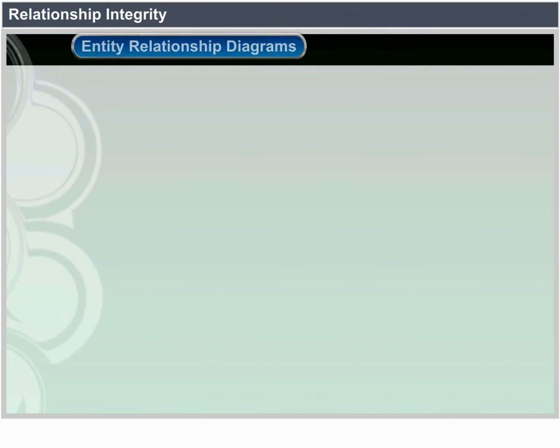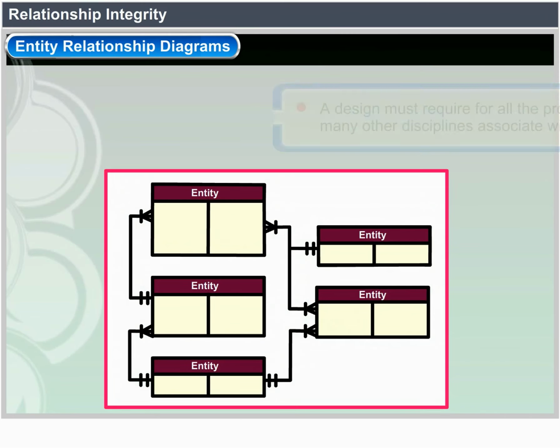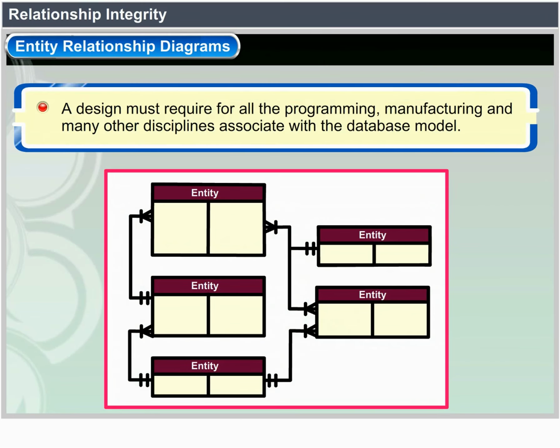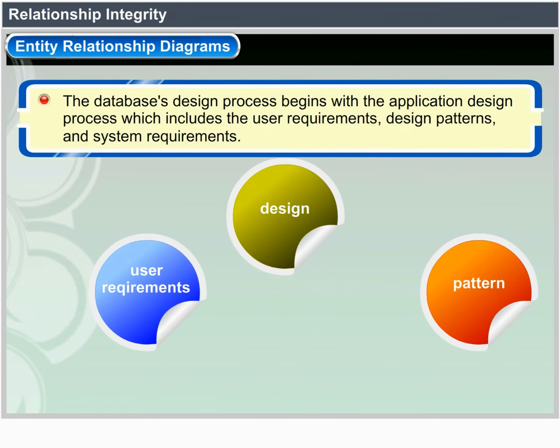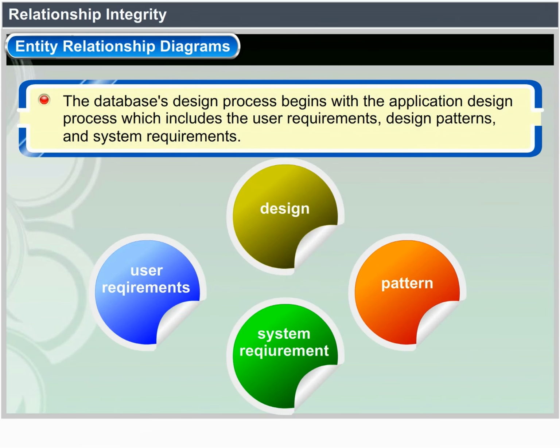Entity relationship diagrams. With databases, as with programming, manufacturing, and many other disciplines, before we build, we should design. The database's design process begins with the design process of the application as a whole, including consideration of users' requirements, design patterns, and system requirements.